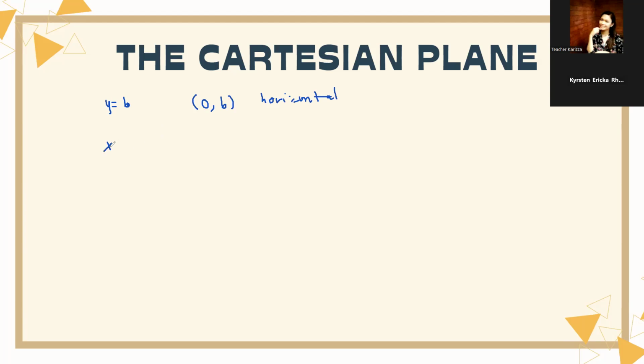And then if x is equal to a, where you have (a, 0), then it is a vertical line. So for a horizontal line, slope is 0. For a vertical line, slope is undefined since it is the vertical line.